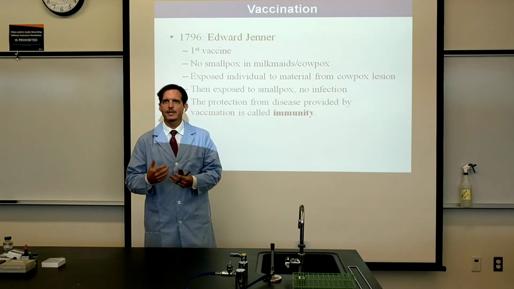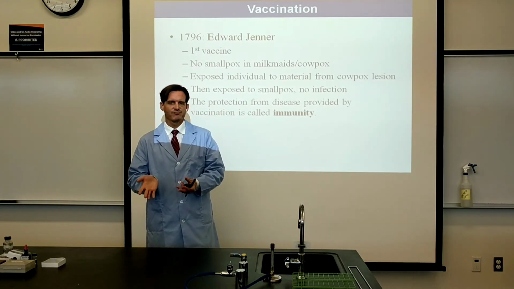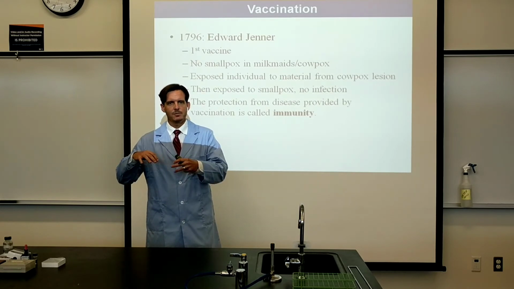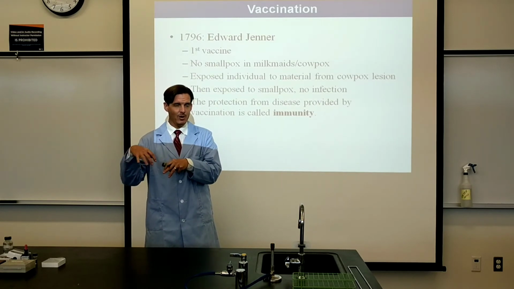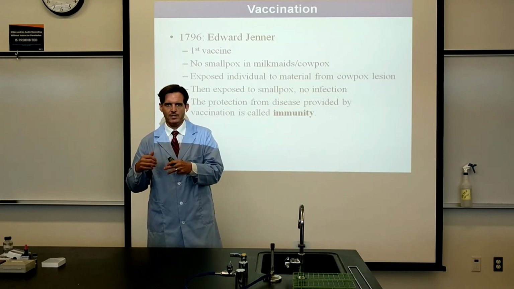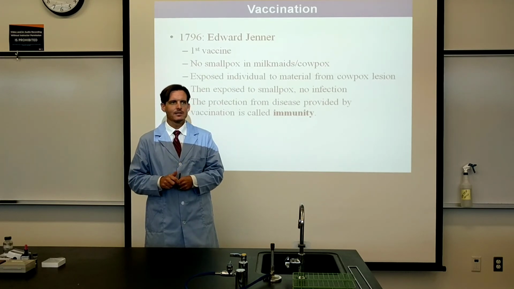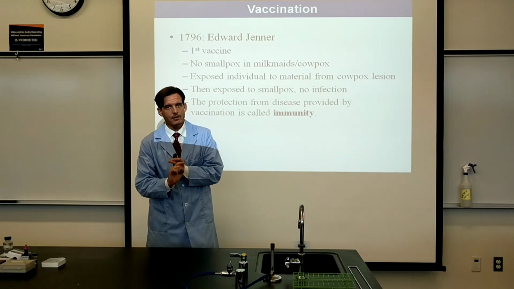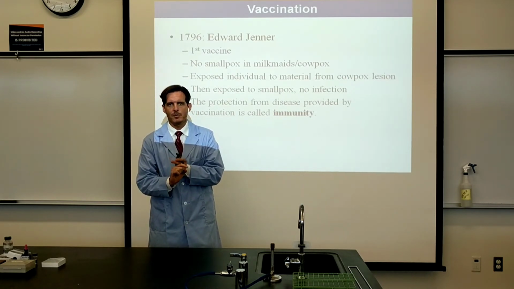If these ladies had, through close contact on a regular basis with cows, experienced exposure to cowpox, then when smallpox would come around, they would be the ones that somehow would either get a mild infection or no infection at all.